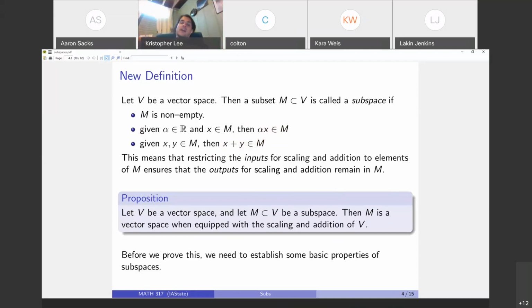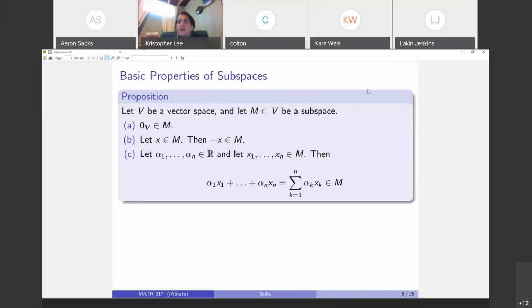Now, before we do that, it will behoove us to actually prove some basic properties of subspaces. In particular, let's make the proof of this proposition go pretty smoothly. All right. So, we're going to prove some stuff about subspaces. So in particular, note the definition required that the subspace was a non-empty set.